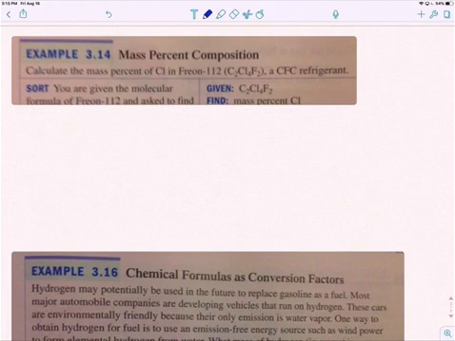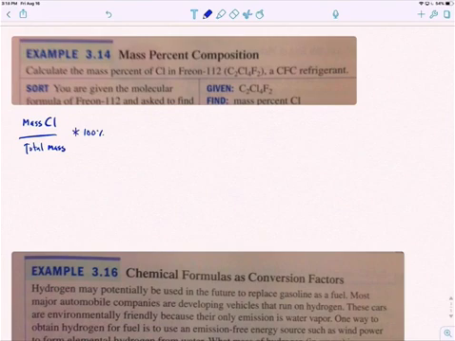So if you are a 100-pound person with 20% body fat, you have 20 pounds of fat in your 100-pound body. So how do you figure out the mass percent for chlorine? You need the mass of chlorine over the total mass, and then you multiply it by 100%.